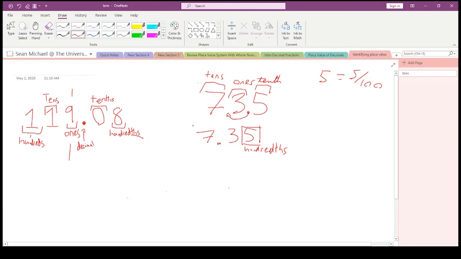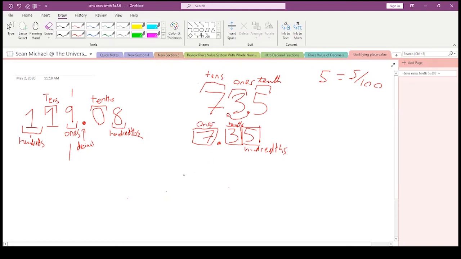And the 3 here now is not a ones anymore. This is a tenths, because the tenths always go 1 after the decimal point. And now what's the 7 when you have it like this? Well, the 7 is now in the ones column.